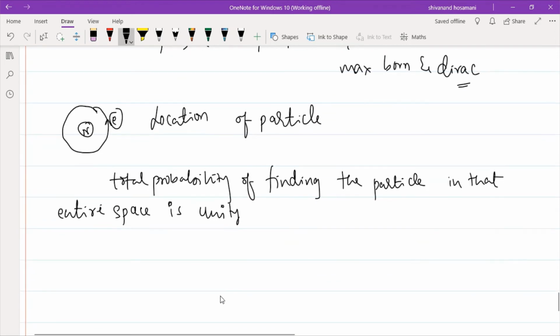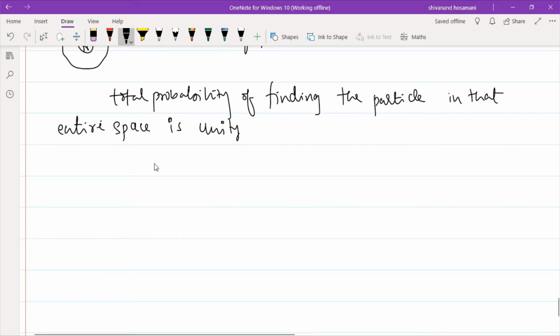That is nothing but, as we know, the probability P of R in the particular region will be equal to 1.